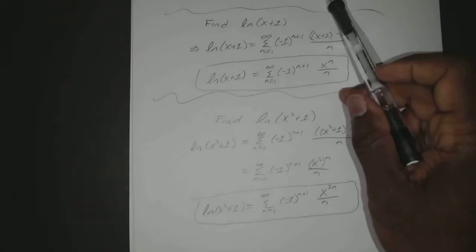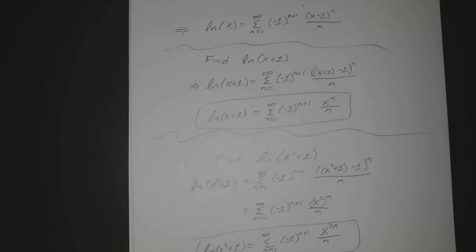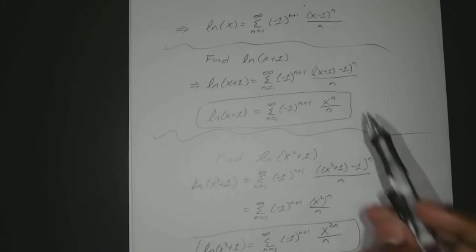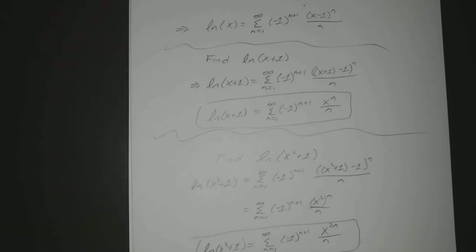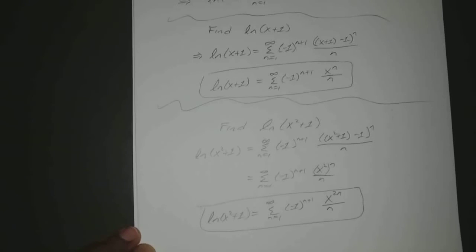So just from that natural log of x, you can play around with it each way. You may have natural log of x minus 1 or natural log of whatever. They'll twist it around all kinds of ways. All you have to do is replace that x in here, and that'll give you your new power series.